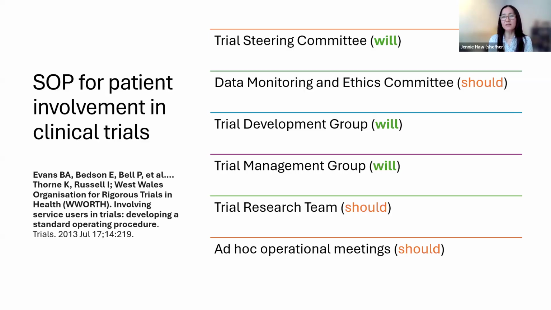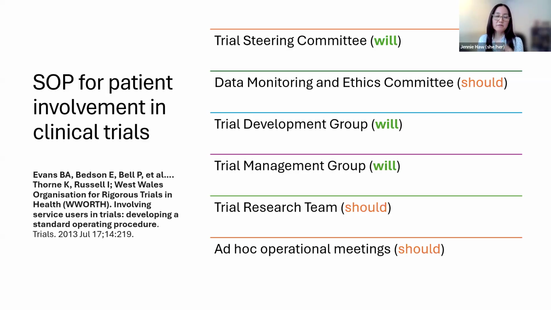How do you involve and engage patients in trials research? They formed a team of researchers who had worked with patients, and they use the term service users as an umbrella term to refer to patients, carers, and other people impacted by the clinical trial work.